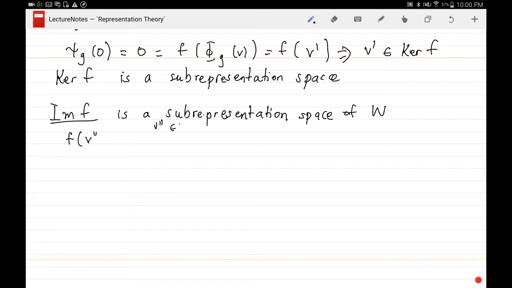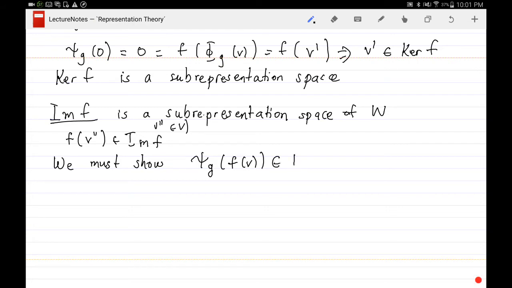V double prime is in V. F acts on V double prime, and then this is obviously in the image of F. So in order to show that the image of F is a sub-representation space of W, we must show that it's stable under the action of psi of G. In other words, psi of G acting on F of V is again in the image of F.